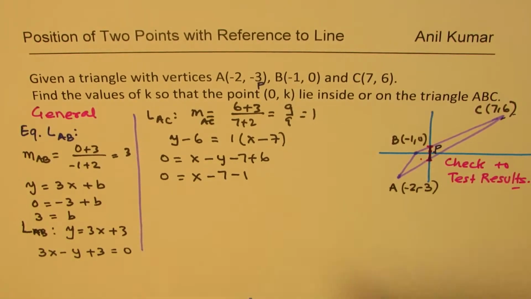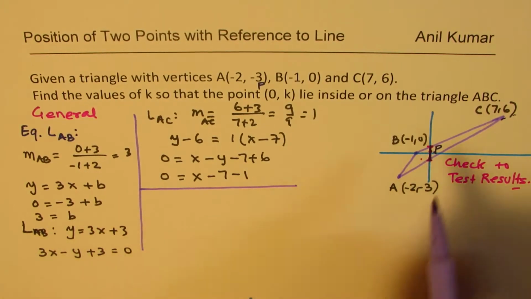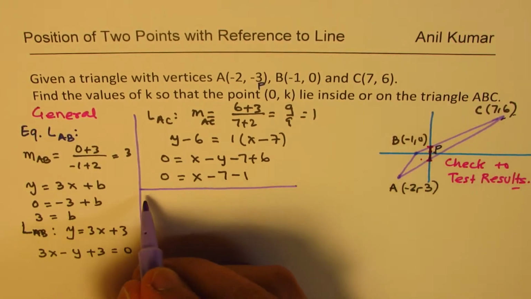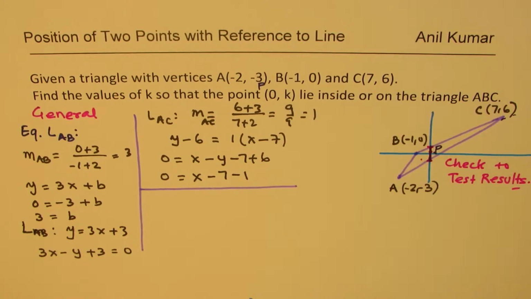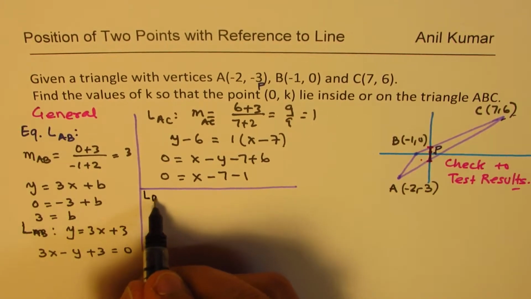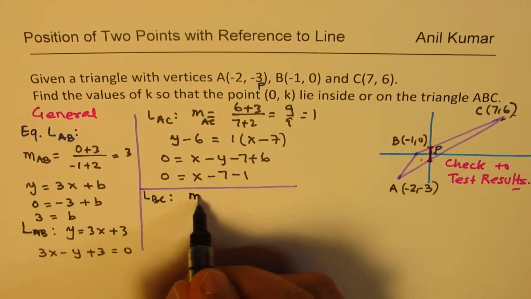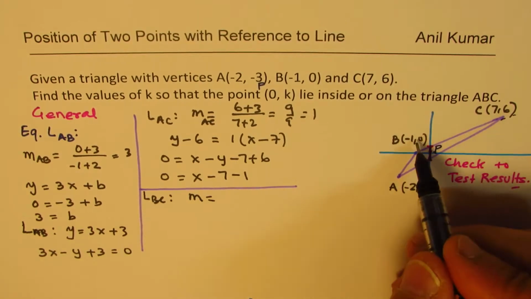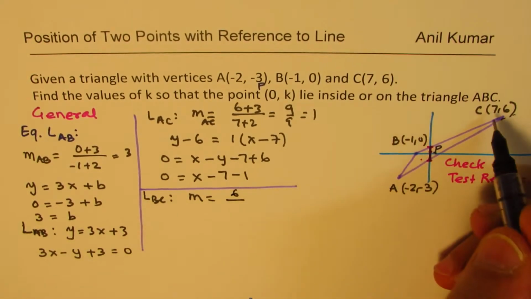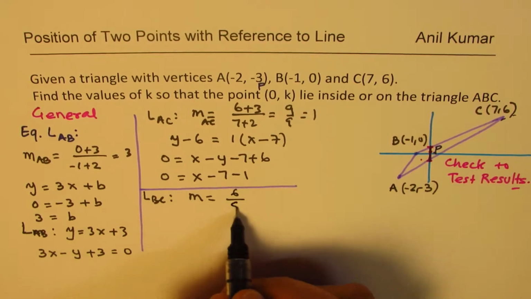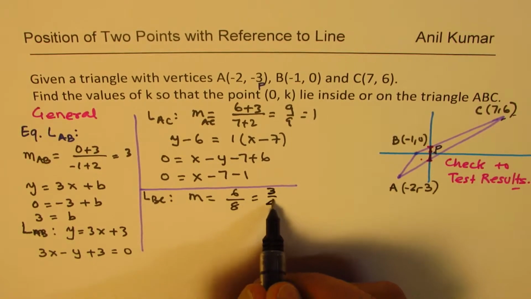Now let's find the equation of the third line, which is BC. The slope m for B to C is 6 minus 0, which is 6, over 7 minus (-1), which is 8. So it is 3 over 4.